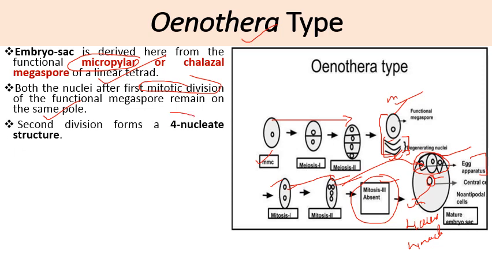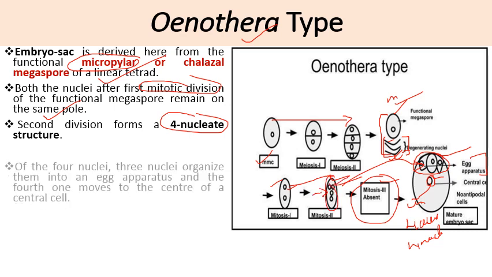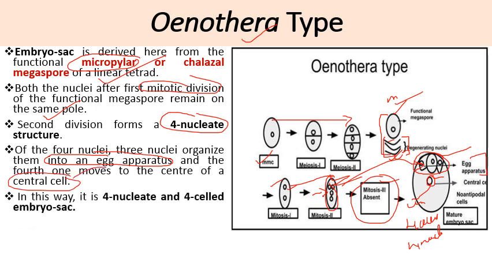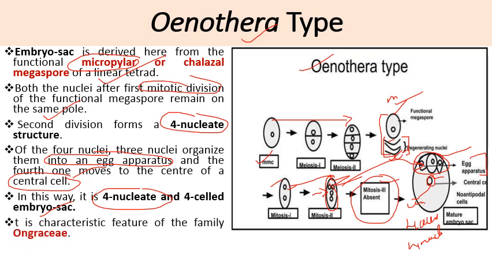The second division forms a 4 nucleate structure. Of the 4 nuclei, 3 nuclei organize into an egg apparatus, and the 4th one moves to the center of the central cell. In this way a 4 nucleate and 4-celled embryo sac is formed, and this is the Oenothera type of embryo sac, a characteristic of family Oenotheraceae.